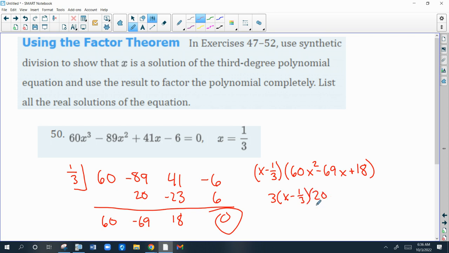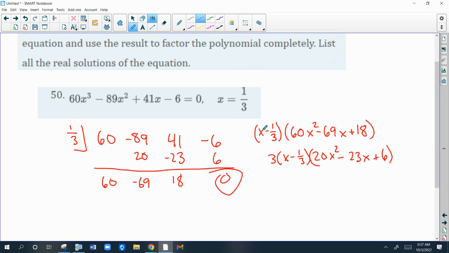So 20x squared minus 23x plus 6. Now x minus 1/3 is a strange looking factor, but in reality, if you factor out a 3, then you can multiply that 3 back in and you get this more common looking factor here.